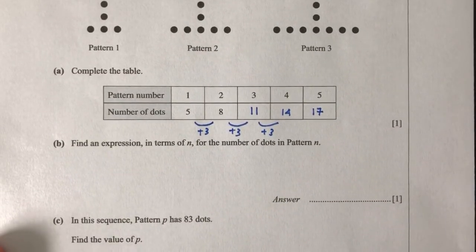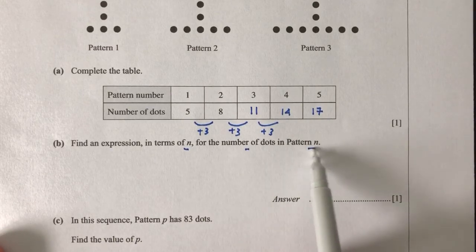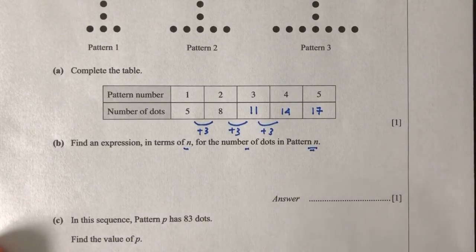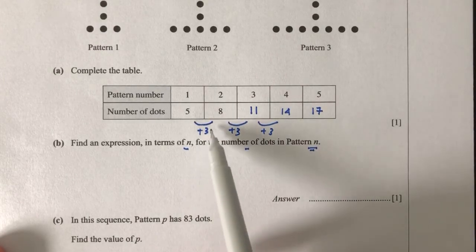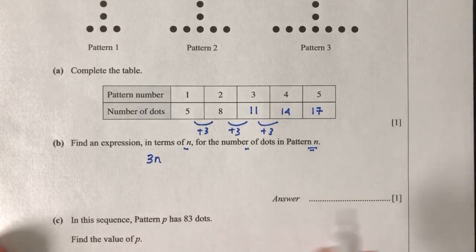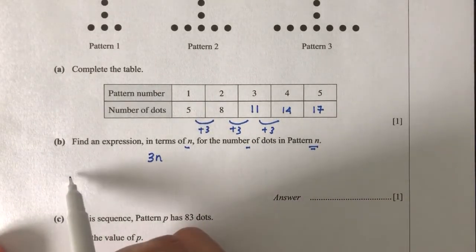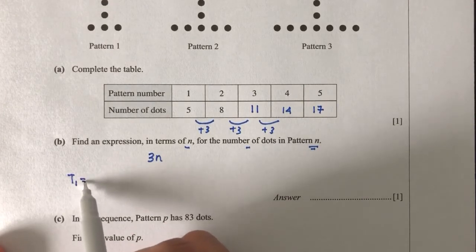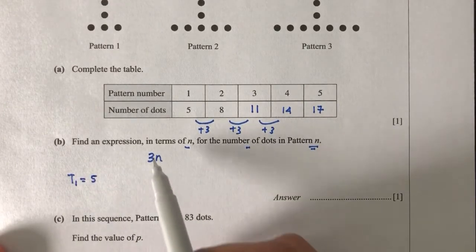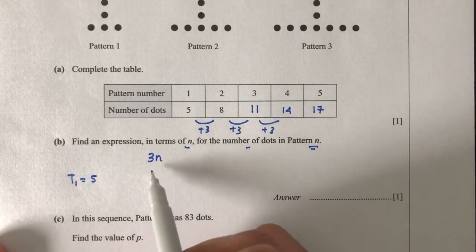Moving on to part B, find an expression in terms of n for the number of dots in pattern n. So how do you find this? So we first observe that the difference between every term is 3. So we write down 3n just for now. So what do we know? We know something for sure is that term number 1 is equal to 5. So term number 1 is where n equals 1. So let's replace that in here.